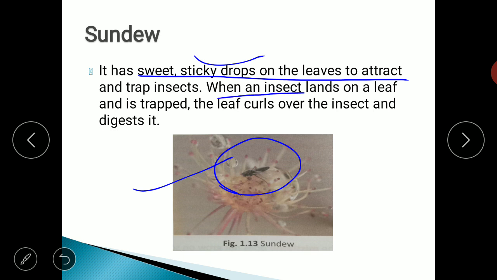And when an insect lands on the leaf, it is trapped, and the leaf then curls up over the insect, folds itself, and digests the insect.